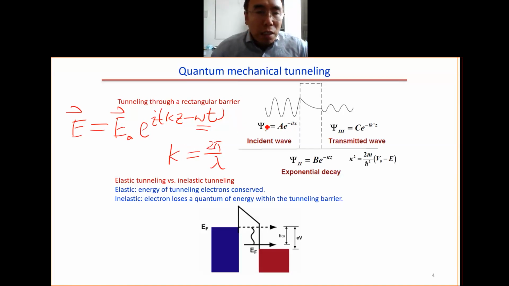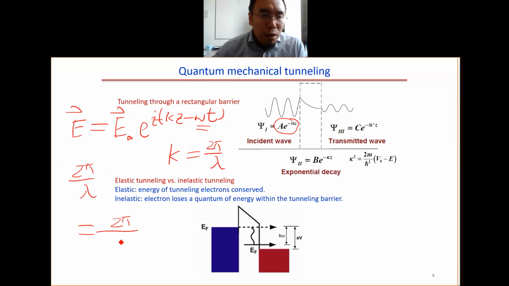For the electron it is also similar. This term here is also like an exponential term. So what is this k for the case of the electron? We know k equals 2 pi over lambda. Lambda equals h over p, if you remember. h is the Planck constant, p is the momentum.